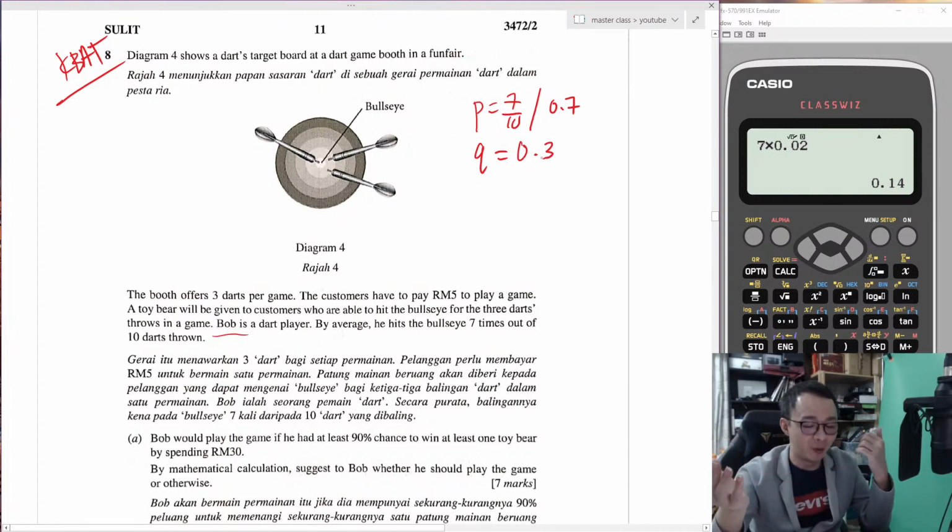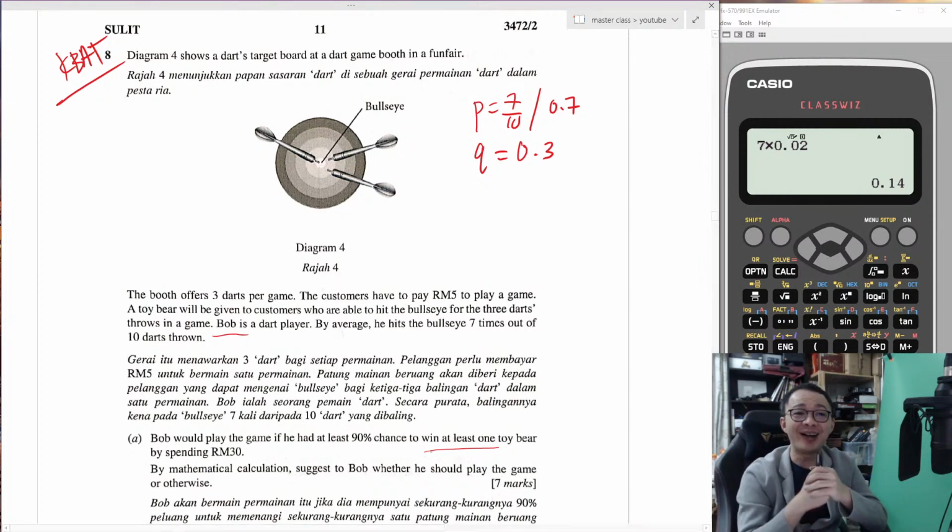So what we want to do next is, in order to get the bear, because the part A says Bob would like to play the game if he has at least 90% chance to win at least one toy bear by spending 30 ringgit. Okay, so right now I want to calculate the 5 ringgit one first.